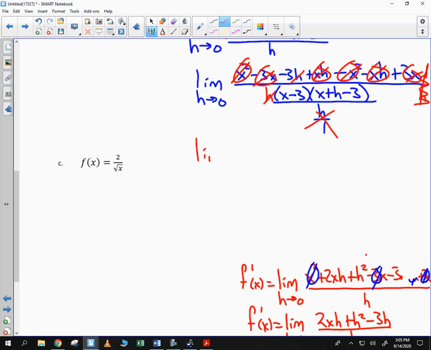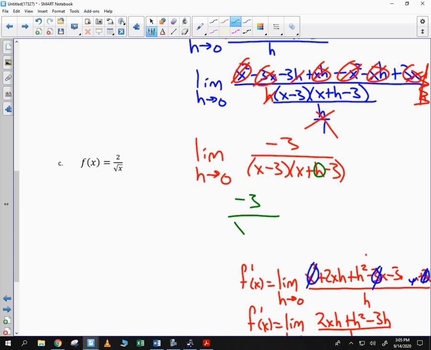And I will get the limit as h goes to 0 of negative 3 over x minus 3 times x plus h minus 3. As you plug in 0, notice that the bottoms become the same, and we have negative 3 over x minus 3 quantity squared. That's f prime of x.